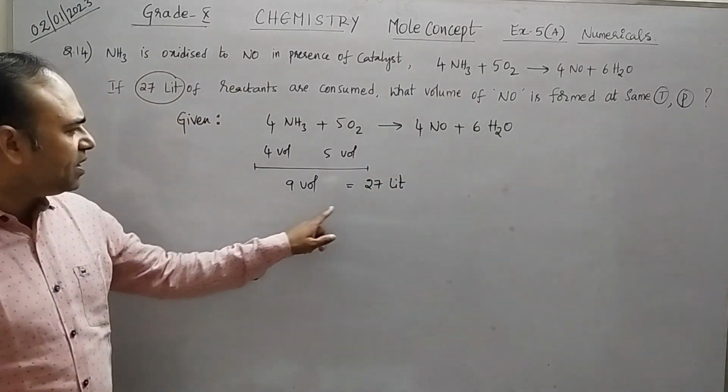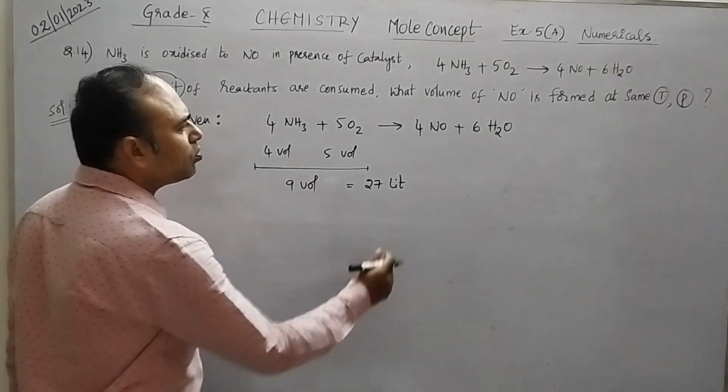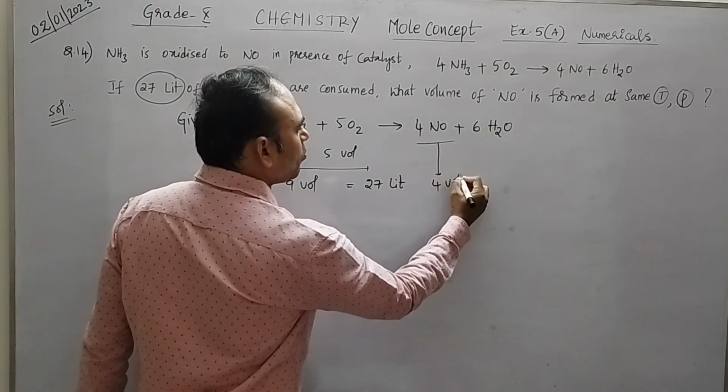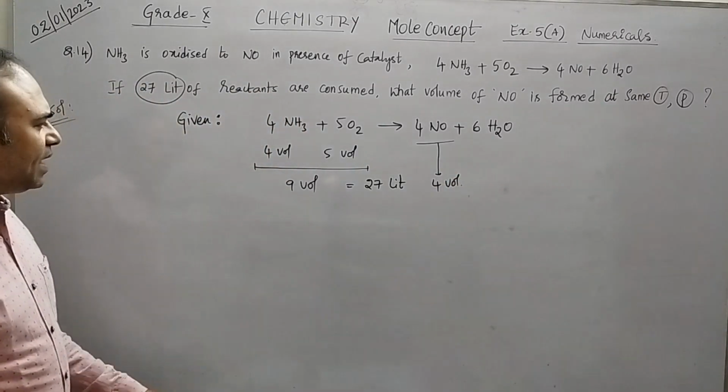So for 9 volumes it is 27 liters. And how much NO is formed? NO is nothing but 4 volumes. So we can easily identify this.